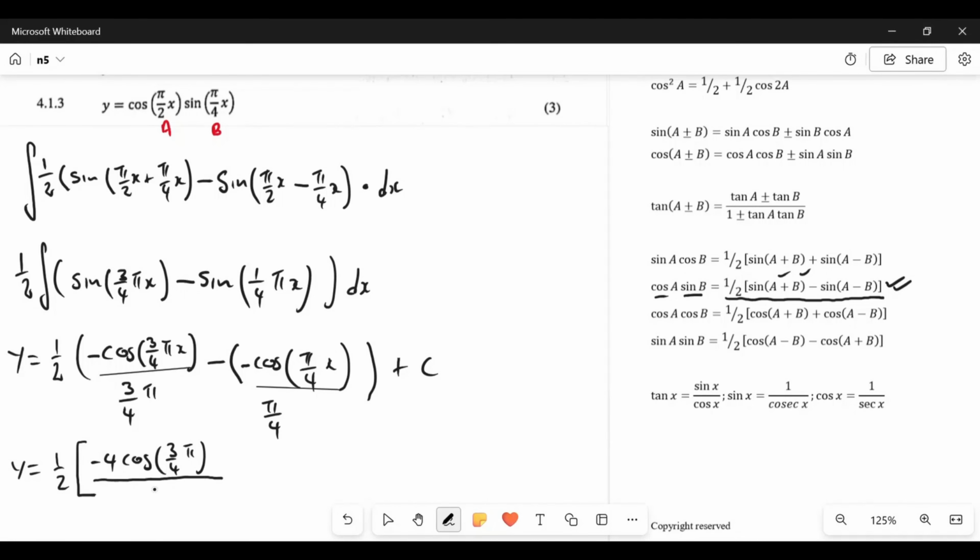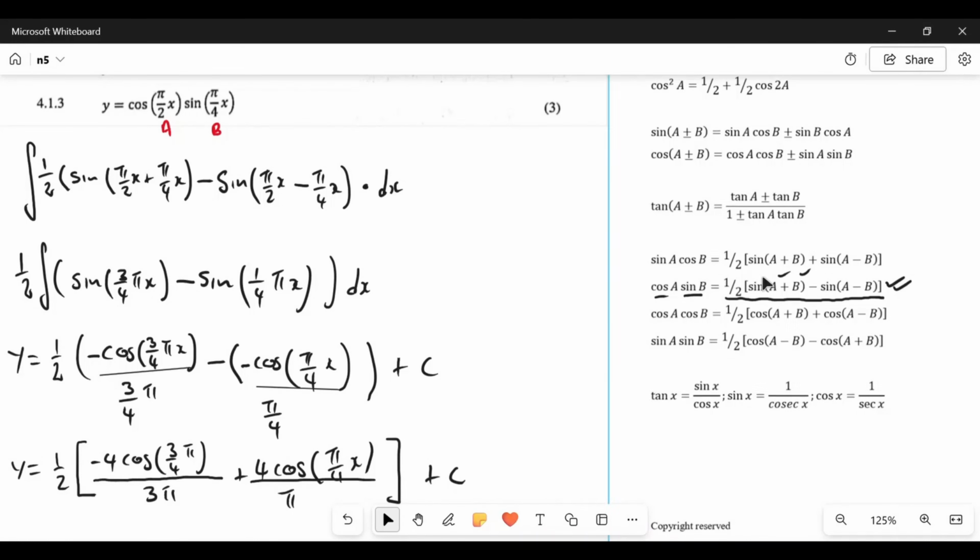All this is divided by 3 pi. Then we have minus and minus. This is going to give us positive. Again, we have a fraction, which is pi over 4 dividing there. This 4 here is going to go on top there. Right, so this is going to be 4 cos, then open bracket, pi over 4 x, and then all this is divided by pi. Because the pi there is remaining on the bottom there. We close the bracket and we say plus c.